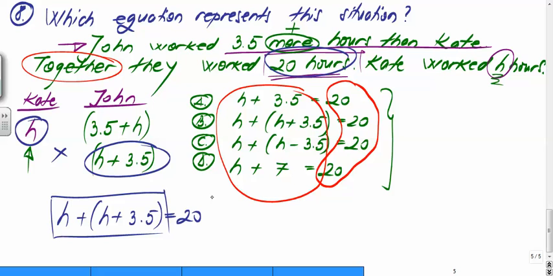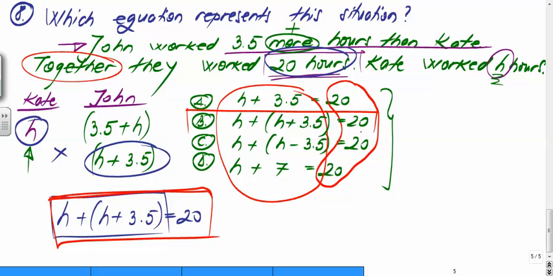And I'm looking for which one of the answers here is the same as my equation that states h plus parenthesis h plus 3.5 close the parenthesis equals 20, and that would be option B. Okay, so for this problem, this is the right answer.